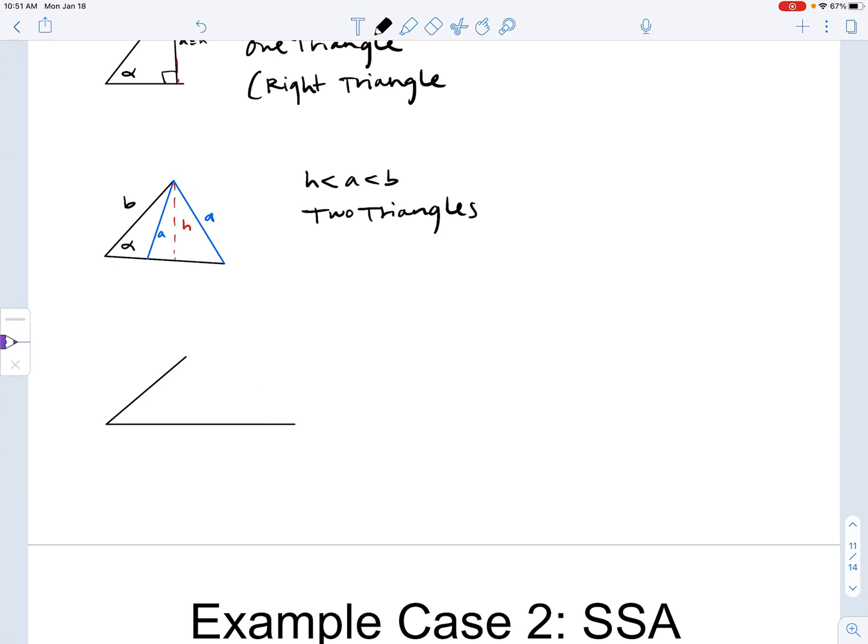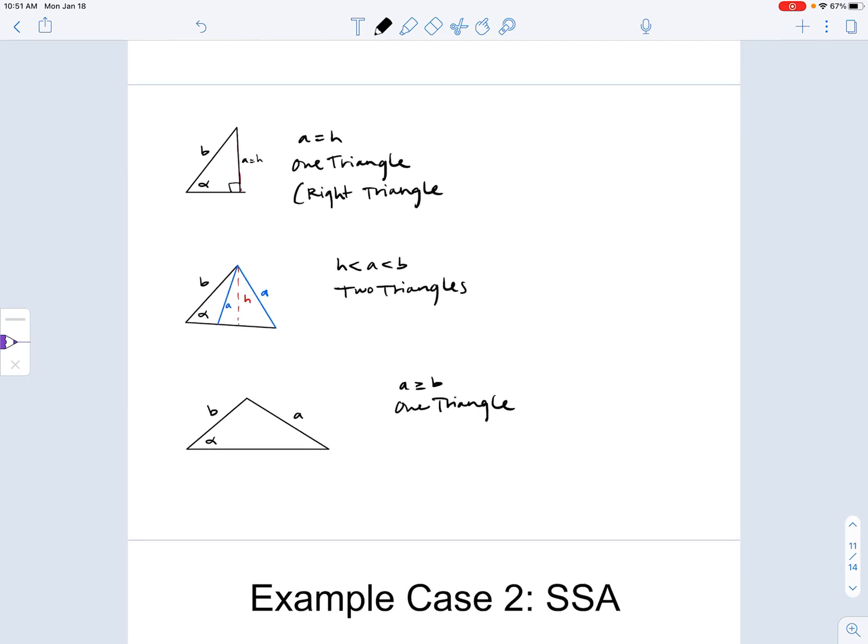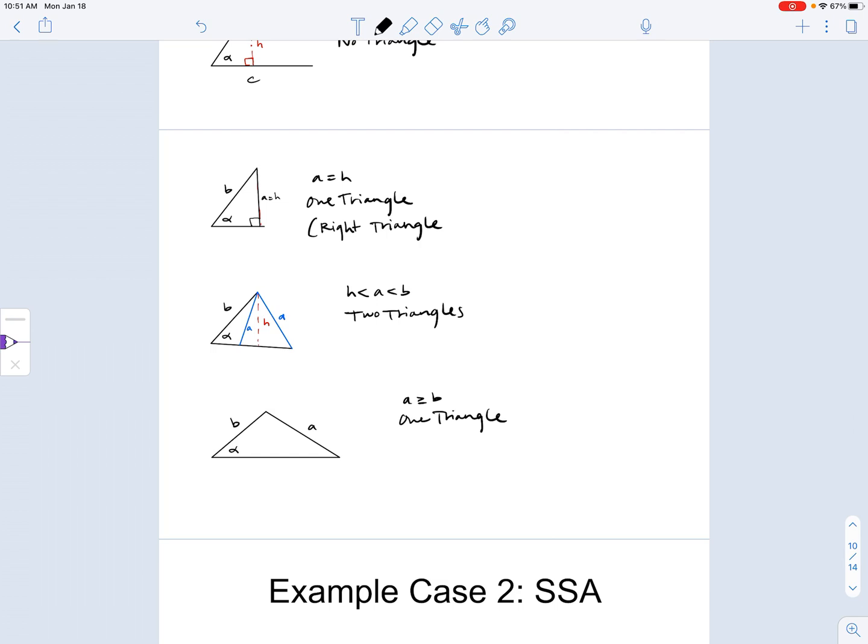And if side A is greater than or equal to side B, then there's one triangle.